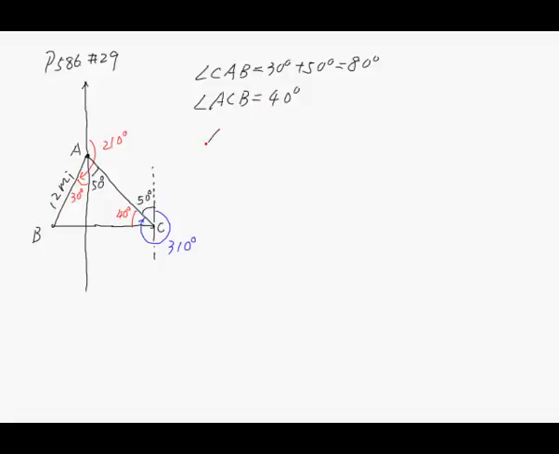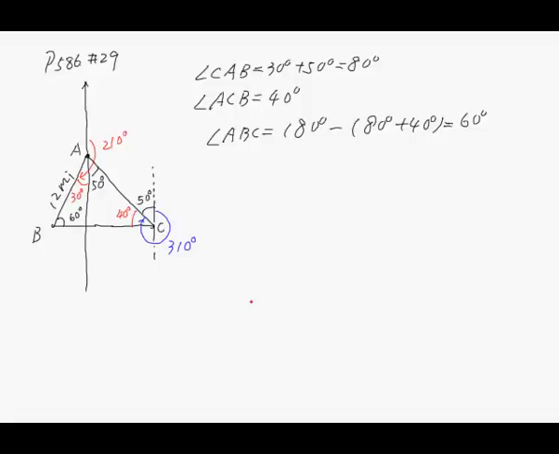Then the angle ABC must be equal to 180 degrees minus the sum of 80 degrees and 40 degrees, and this is equal to 60 degrees. So this angle here is 60 degrees.